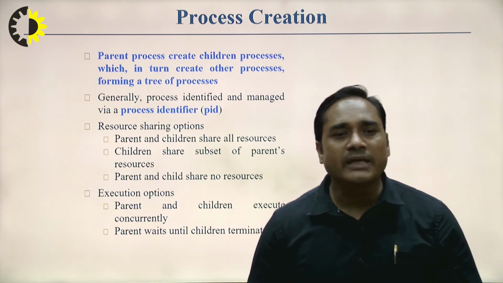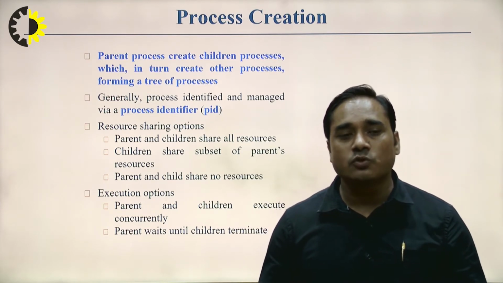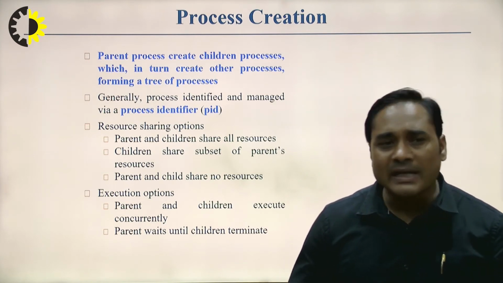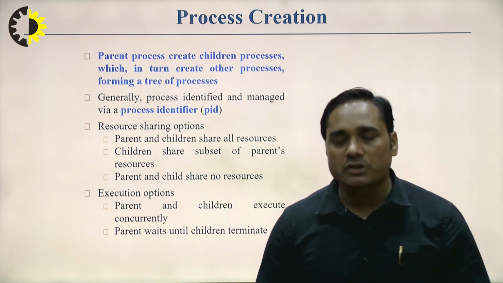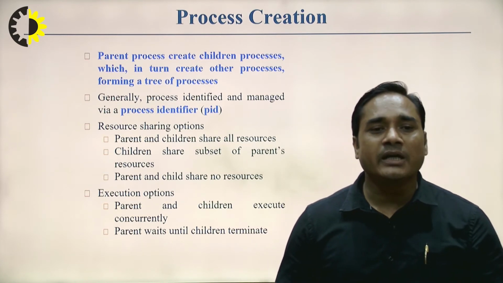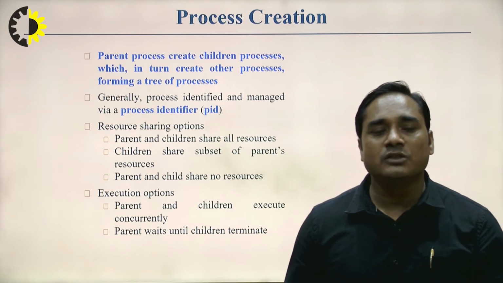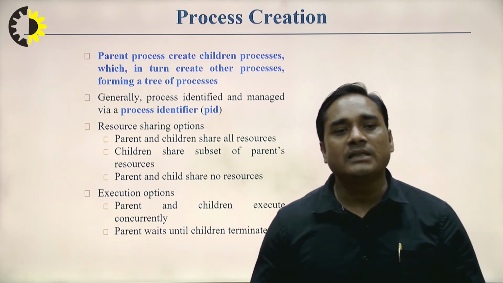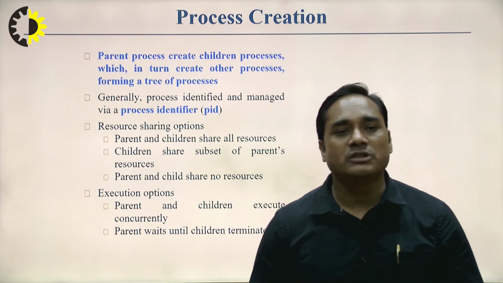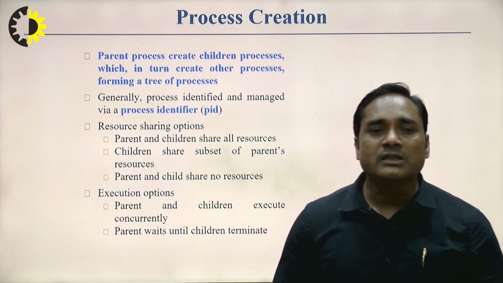Next, resource sharing options: how resources are shared among the parent process and children processes. Parent and children may share all resources. Children may share a subset of the parent's resources. Or parent and child share no resources.